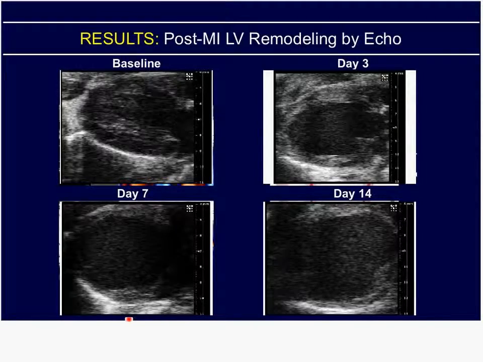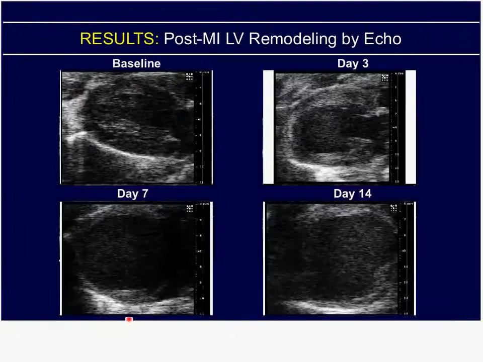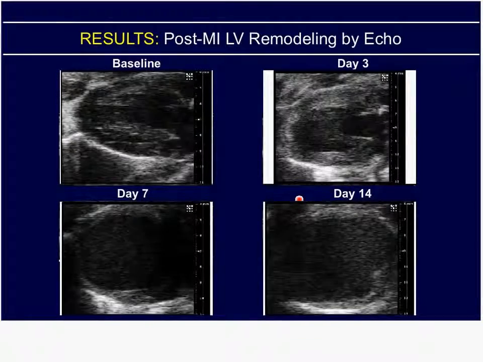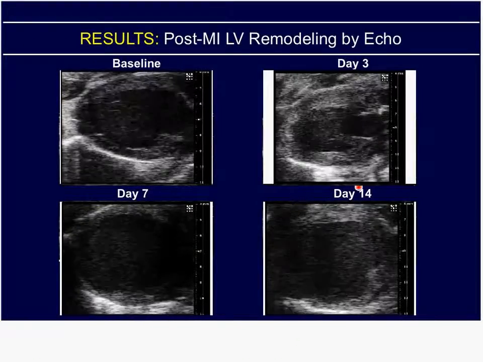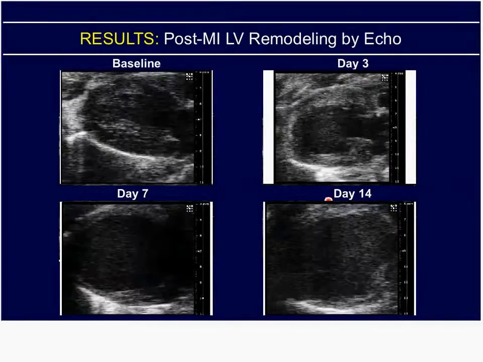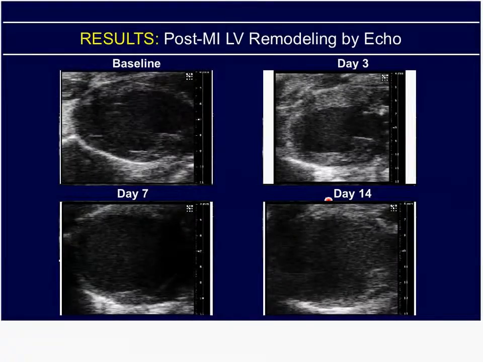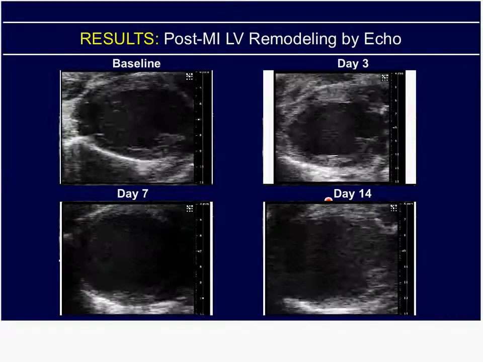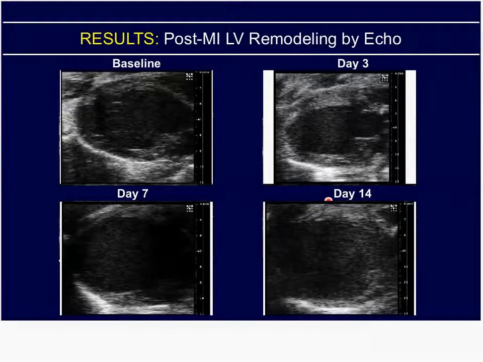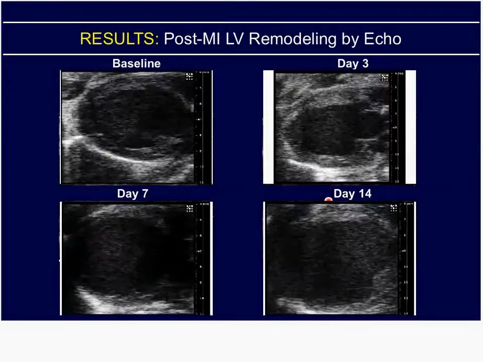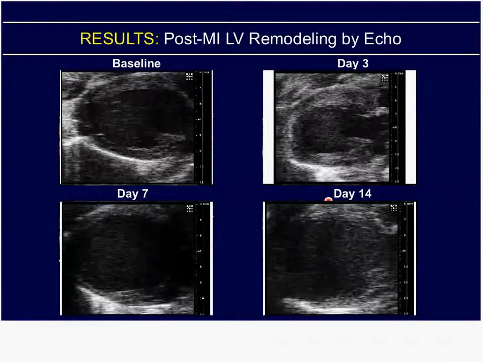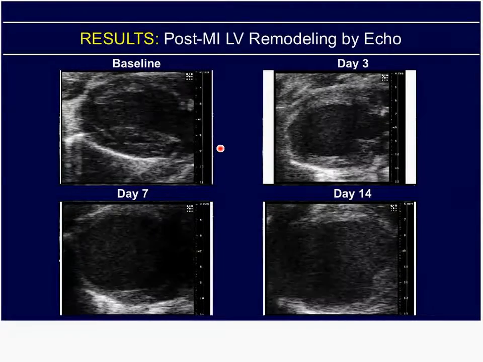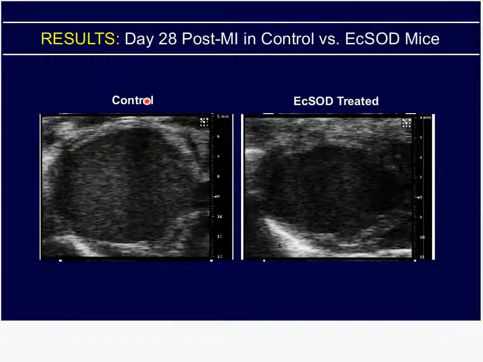The wall has dilated in the infarct zone, and by day 14, and as we've shown in previous studies, this is essentially nearing the end of LV remodeling. So you've got about as much chamber volume as you're going to get, and one would not have any trouble distinguishing between this heart at day 14 and a normal one at baseline.